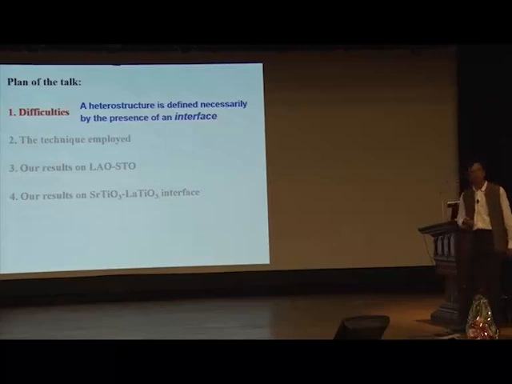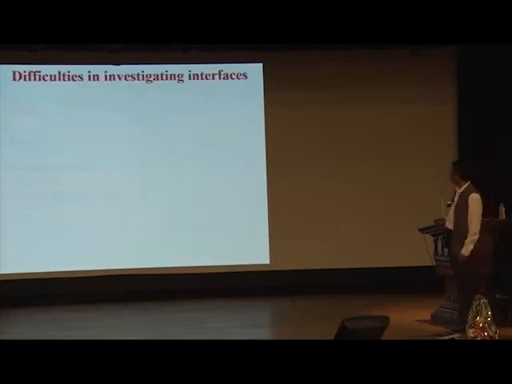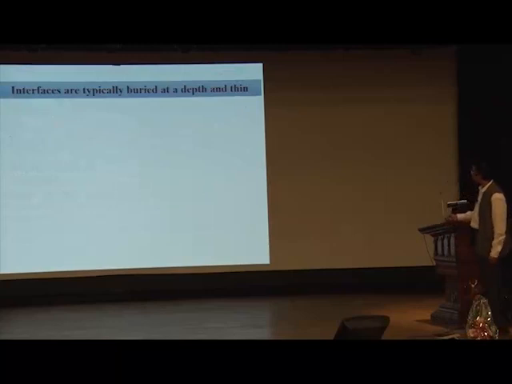And the difficulty in studying such an interface is the fact that, by definition, as I just now explained, an interface is typically buried under a depth, right? It has no width, but it is buried below a certain volume, because you have 2 different things on 2 different sides.